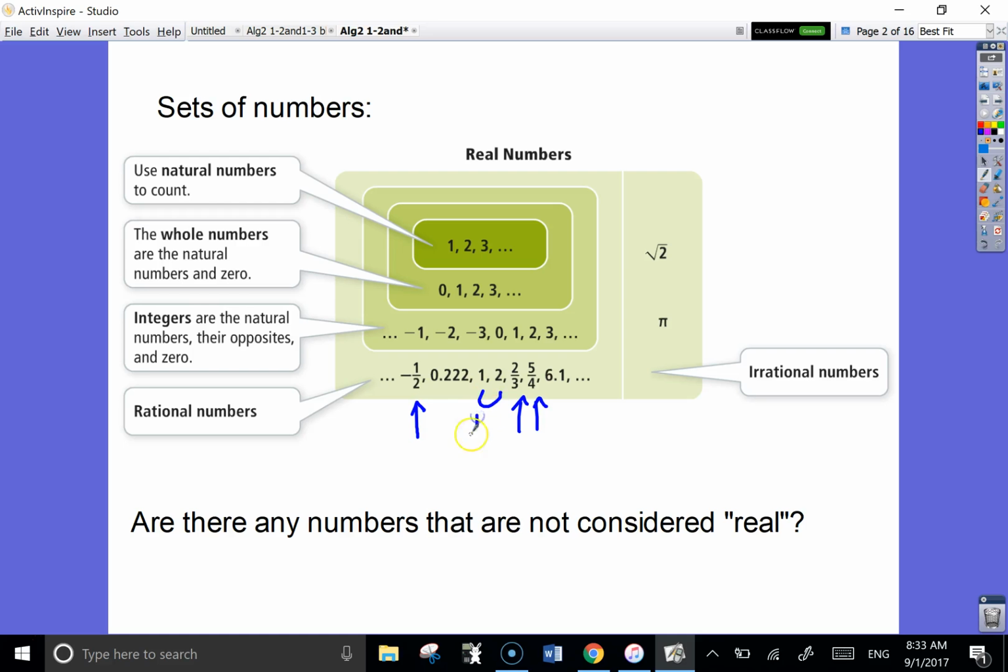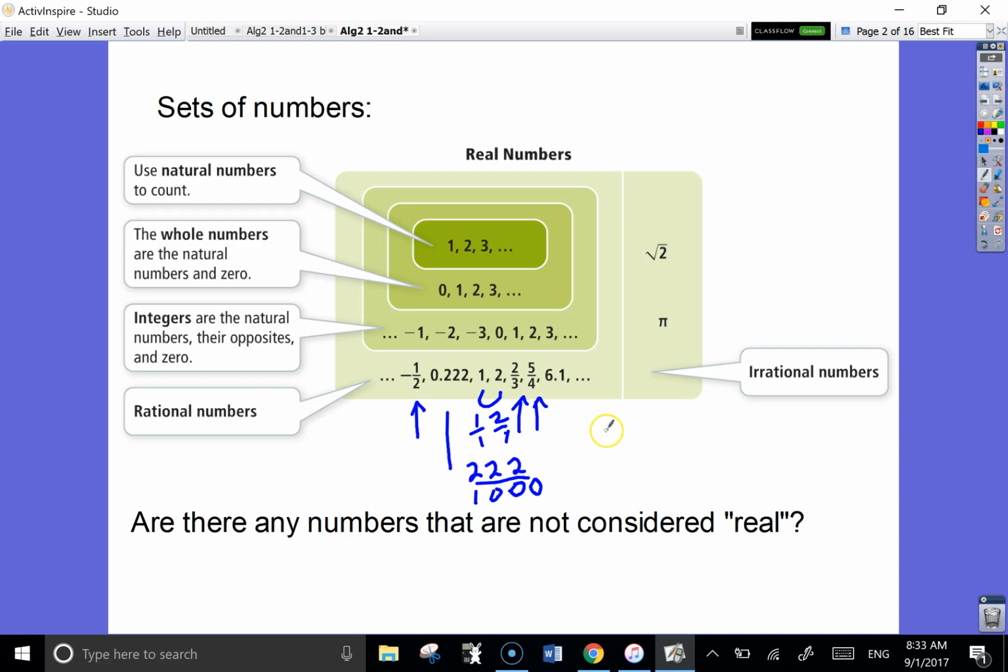Because you could write them like 1/1 and 2/1. And decimals that either repeat themselves or terminate could be written as a fraction. I mean, 0.222, that's 3 decimal places to the right, so that would be 222 over 1,000. So it could be written that way if we wanted to.